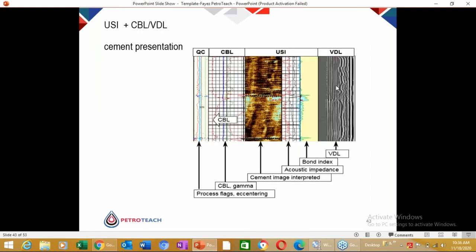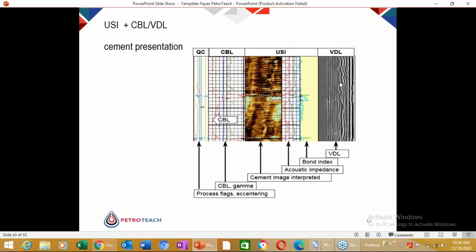Another point here: you see VDL, variable density log, and also USI and CBL, cement bond log. With a combination of VDL and CBL, we can estimate whether there is a good cement bond or not.